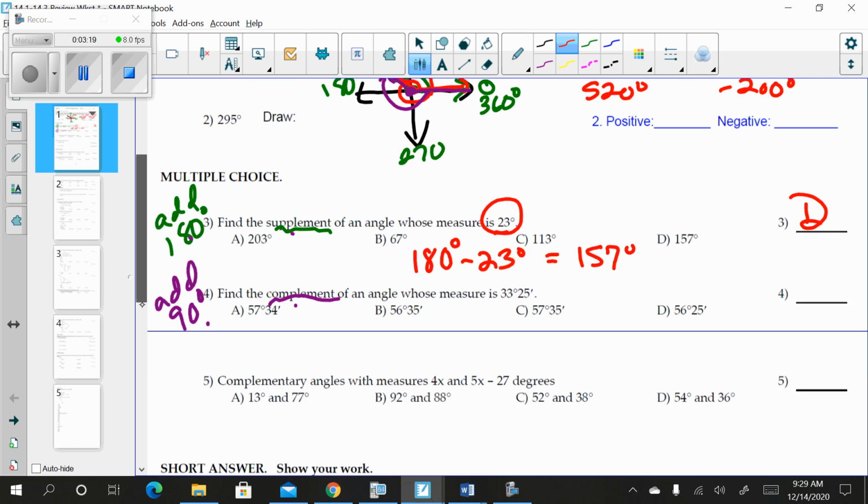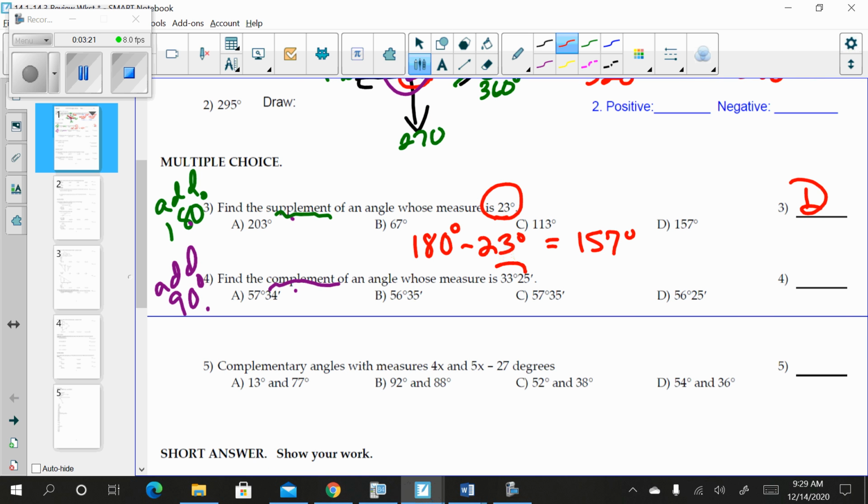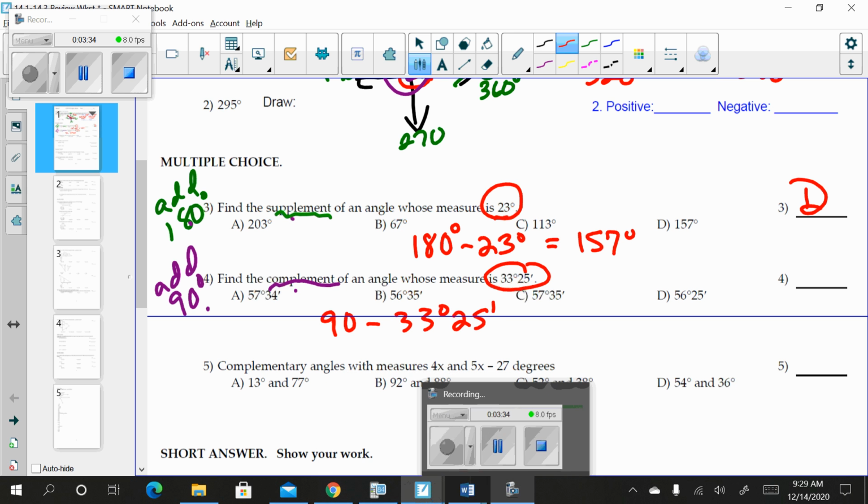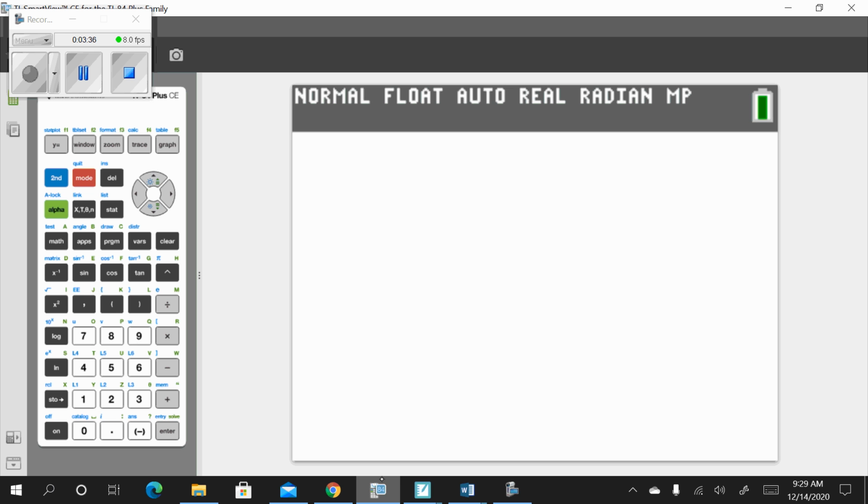If you're going to find complement, just want to make sure you're okay with complement here. And it's degrees and minutes. So sometimes you'll have a degree minute. Whatever your units are in, you want to write your answer that way. So when you do 90 minus 33 degrees, 25 minutes, let's make sure you know how to deal with that on your calculator here. So we're going to do 90 minus 33.